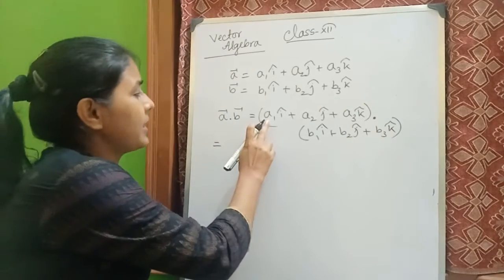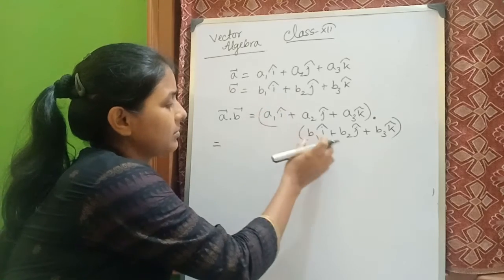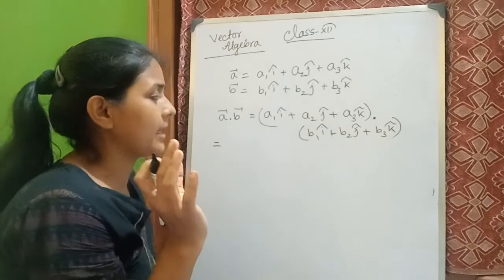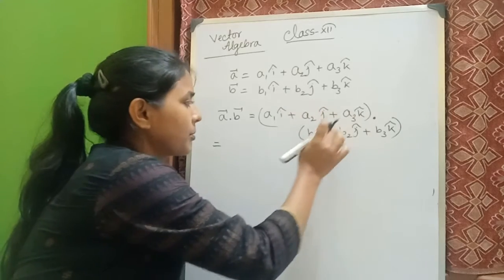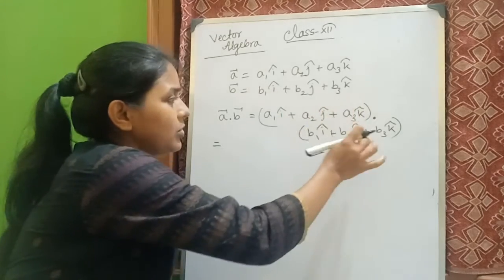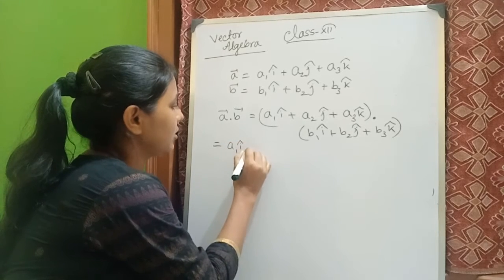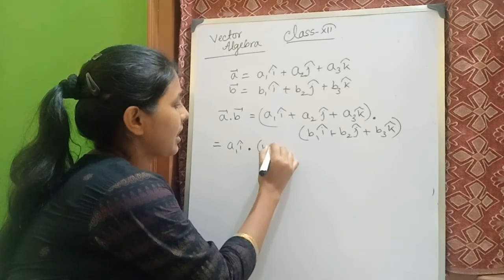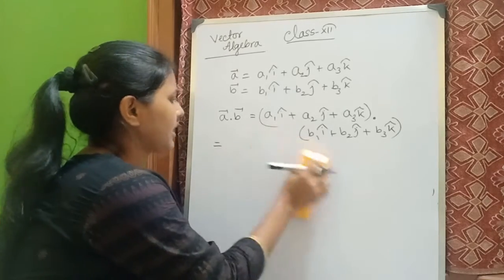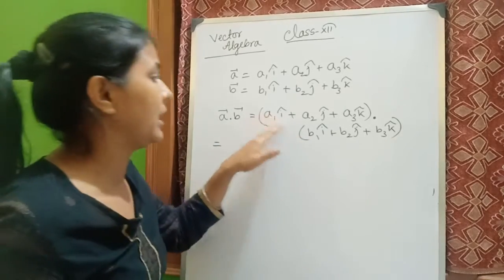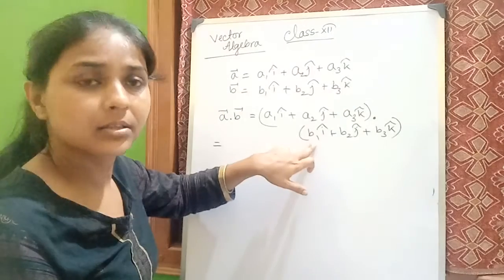We will first fix the first term, to take its dot product with the whole second vector. The second term takes the dot product with it, and the third term as well. So A1 i dot (B1 i plus B2 j plus B3 k). I am not writing everything because it will be very lengthy, I am telling it.